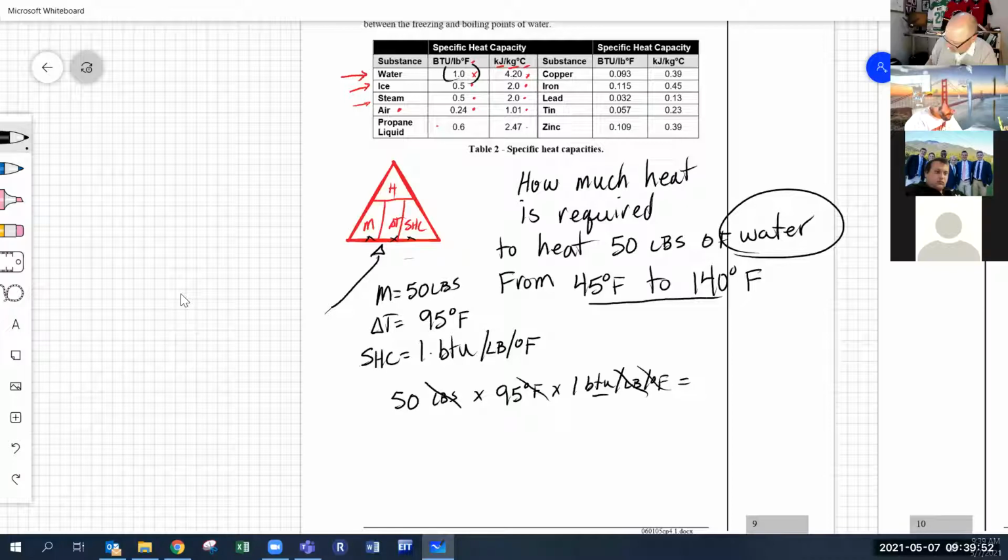So 50 times 95 times 1. It takes 4,750 BTUs to raise the temperature of that water from 45 to 140. So that's how we calculate BTUs. Let's do another example.